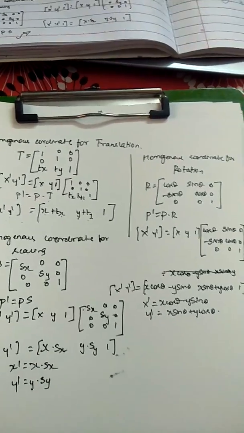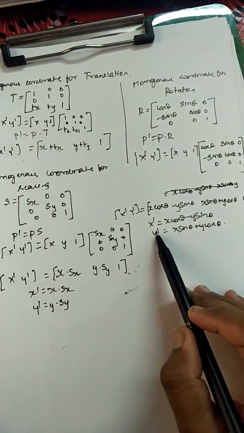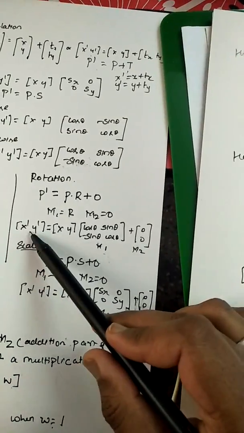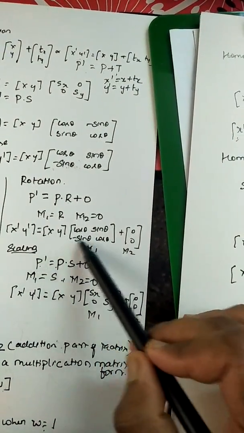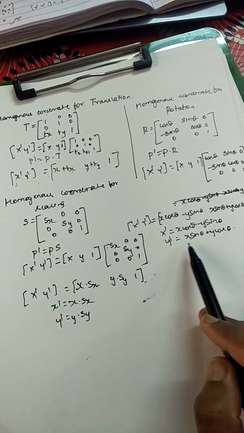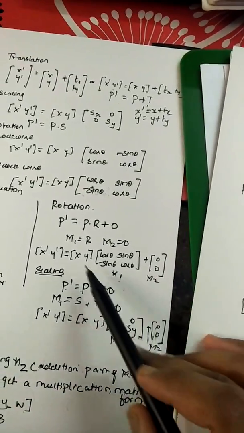We can make an observation here. For rotation, there is no change here. So your x dash will be x cos theta minus y sin theta. Yes, it's the same. And y dash is x sin theta plus y cos theta.